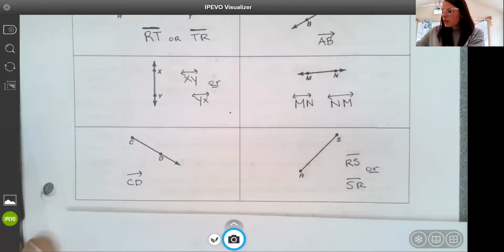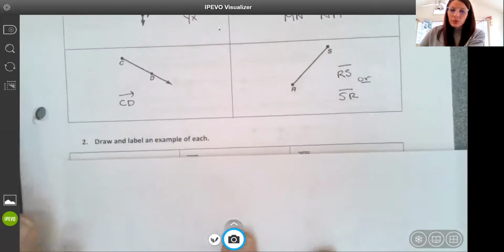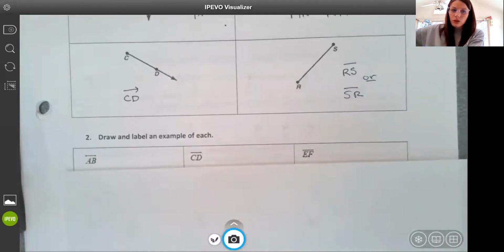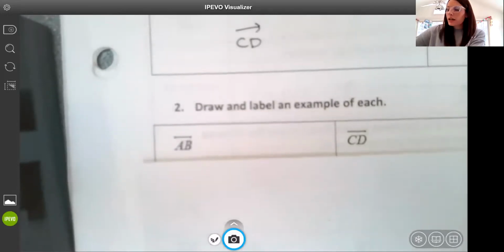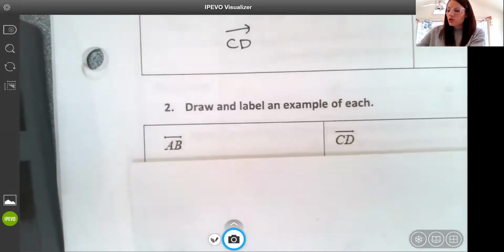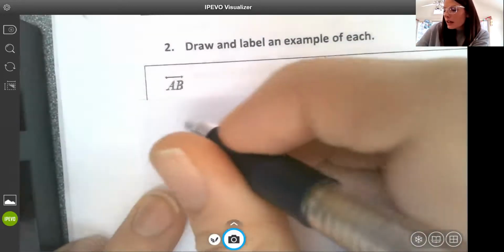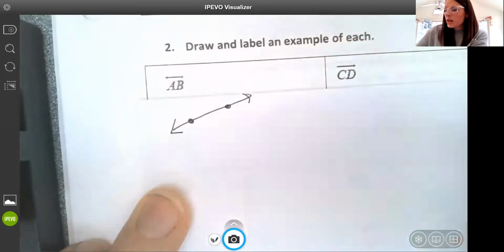The way that we're told to draw diagrams uses the same labels. Here it says draw line AB. So go ahead and draw a line AB. That line can go any direction, and A and B can be anywhere on there.